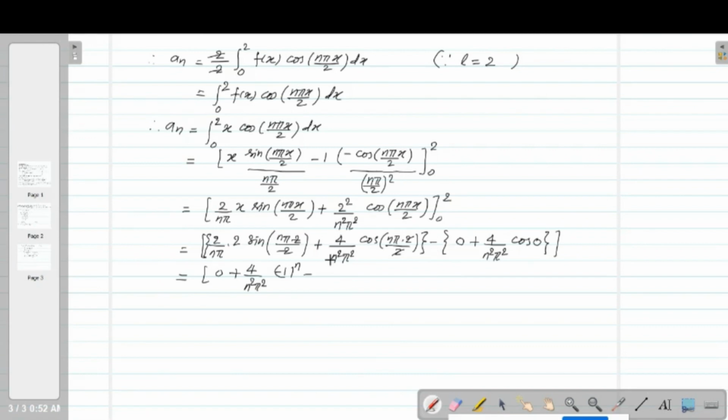This is minus 4 by n square pi square. Cos 0 is 1. So just simplify it. What is common in between? 4 by n square pi square is common. So we write here 4 by n square pi square, and in the bracket, minus 1 raised to n minus 1. This is your a n.